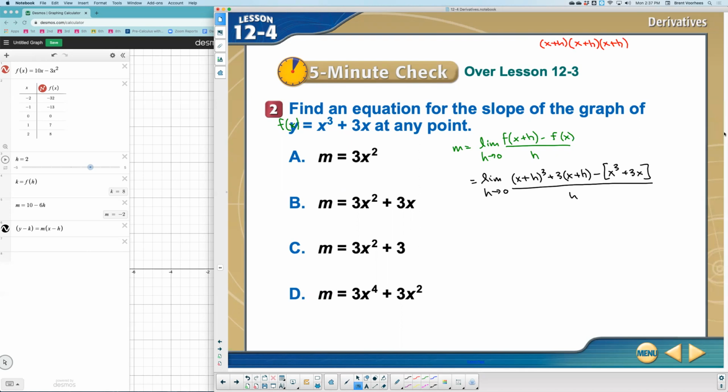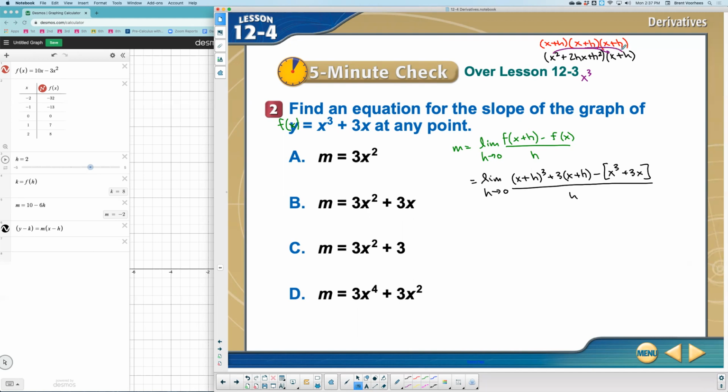And so when I multiply these out, I will first FOIL the front end. We've done that on the previous problem. We had x squared plus 2hx plus h squared. And I now need to multiply that times (x plus h) for the third time. So I will multiply that through here, do another FOIL or another distribution. So x times x squared is x cubed. That's this one right there.